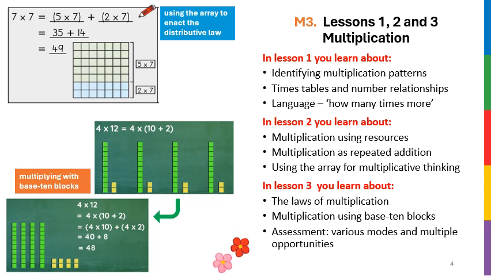The next 2 rows are colored blue, and they show 2 times 7, which was previously worked out. 2 times 7 is 14. So by breaking the array up in different ways, laws that apply to multiplication can be made clearer.